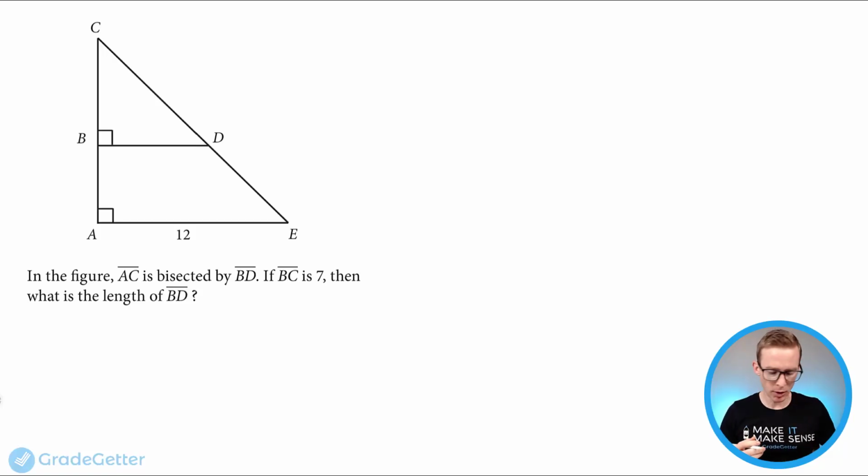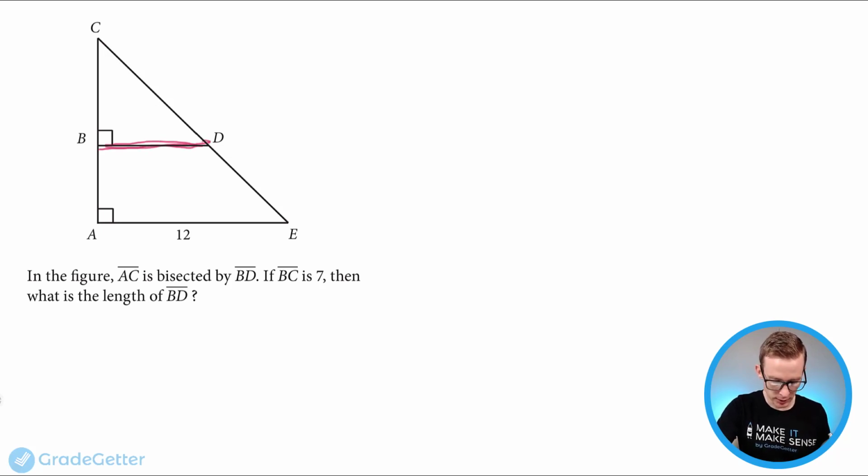Alright, our next problem is another geometry problem, and it's dealing with similar triangles. Now we'll get to that later. First, let's read what this problem is asking us to find. It says, in the figure, line AC, so that's this line here, AC, is bisected by line BD.